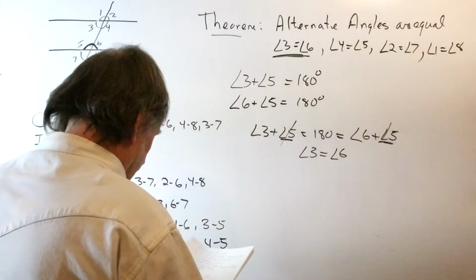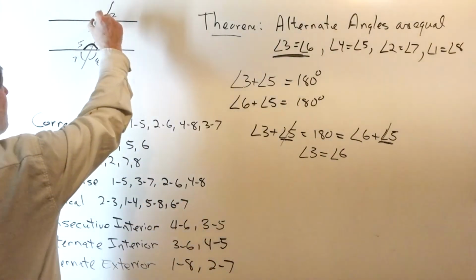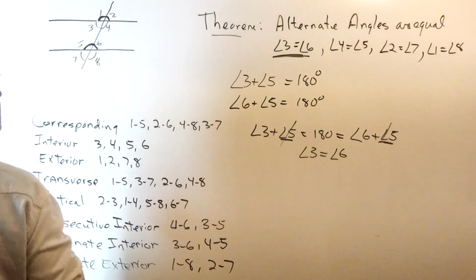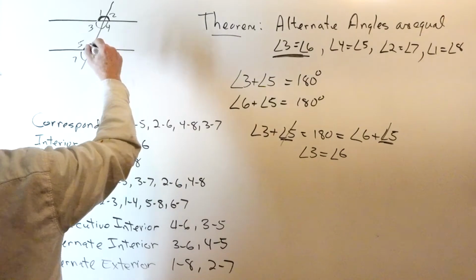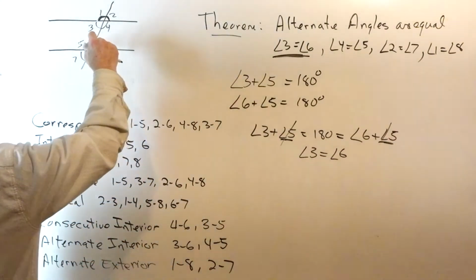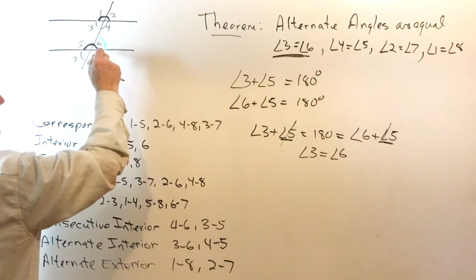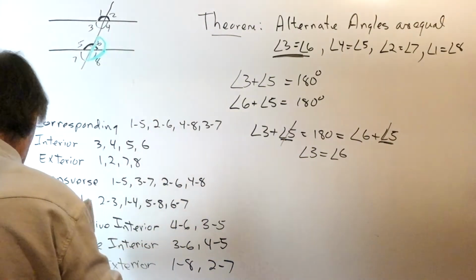Now, by definition of supplementary angles, 1 and 2, the sum is 180, and also 6 and 8. If we look at this sum, this is angle 6, this is angle 8, they sum to 180 degrees.